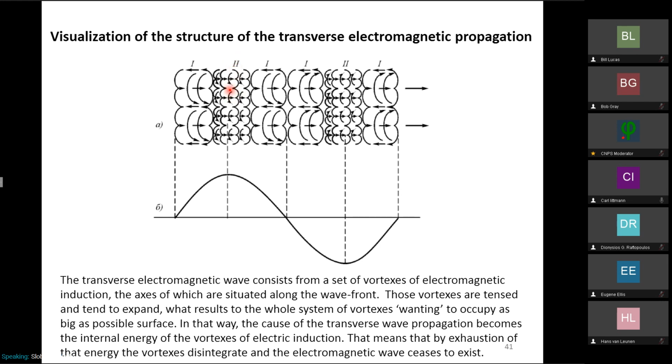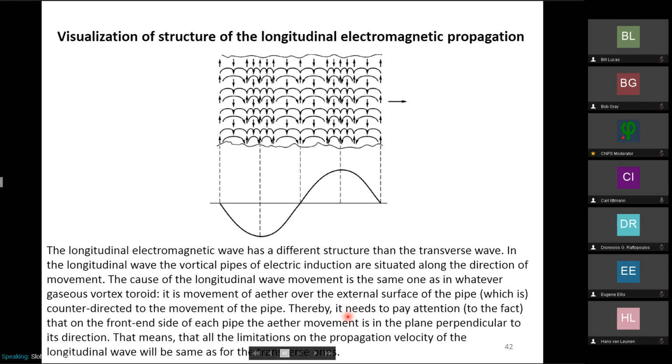Essentially, it is increased velocities, increased densities, reduced sizes, and so on. Before, it was shown that besides the transversal mechanism of propagation, there is a longitudinal one as well. And the structure for longitudinal waves would be something shown here.